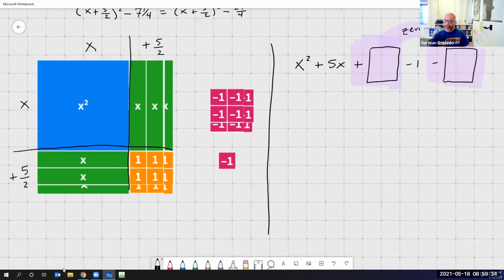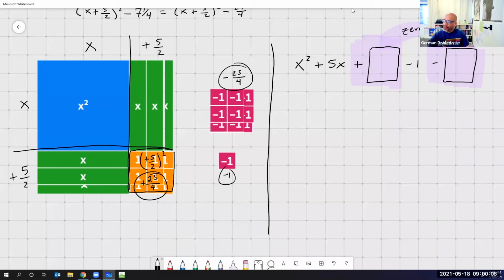And so in order to get this amount, which is the amount that we care about, we're going to take positive 5/2 and square it. Well, positive 5 times 5 is 25. 2 times 2 is 4. So this amount down here is positive 25/4. And then this is the negative version of that. And then this is that -1 that we had from the very beginning.